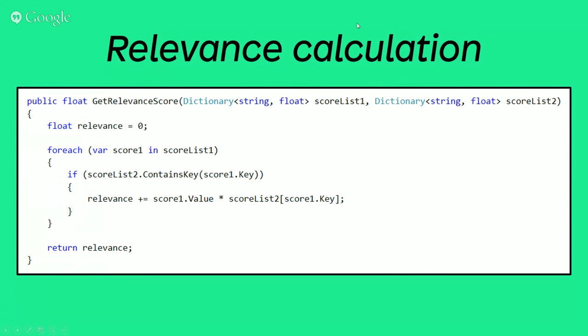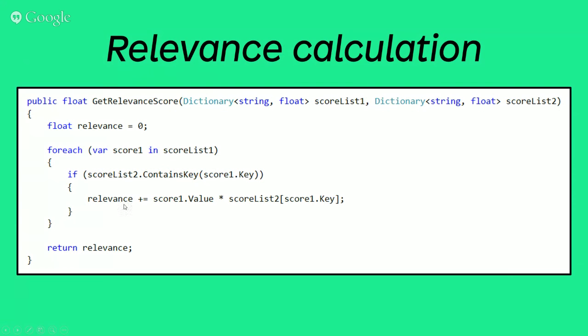But for the moment, just think of score list 1 and score list 2 as if they were two Sitecore items. So what we do is, we loop through all the scores in score list 1, and we see if that exists in score list 2. So we're looping through everything in the first Sitecore item and checking if it's been assigned a score in the second Sitecore item.